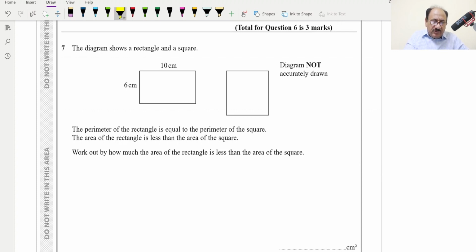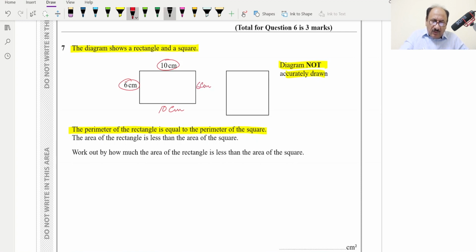Question number 7 says the diagram shows a rectangle and a square. The diagram is not accurately drawn, and the perimeter of the rectangle is equal to the perimeter of the square. So to check for perimeter, this side is 10, so this side will also be 10 centimeters because of rectangle, and this side is 6, so this side will also be 6 centimeters.